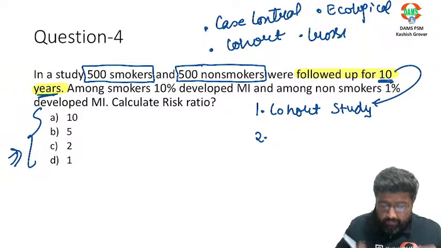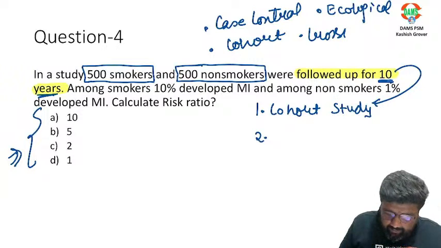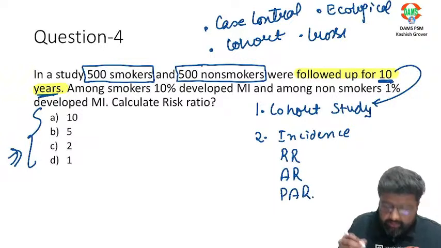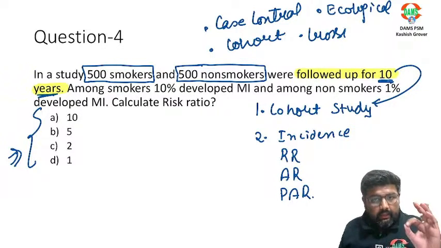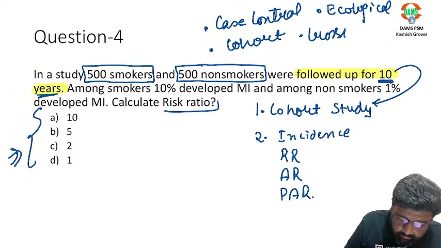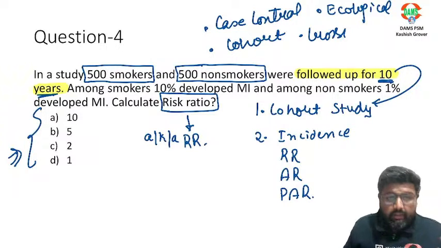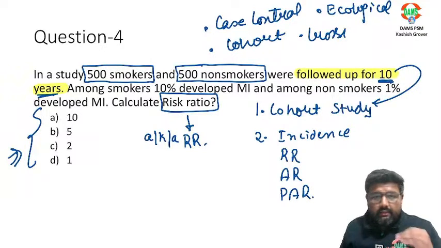We follow up. In cohort study, we get incidence, we get relative risk, attributable risk, population attributable risk. Now coming to the third point, risk ratio. This relative risk is also known as risk ratio. Relative risk, another name is risk ratio.